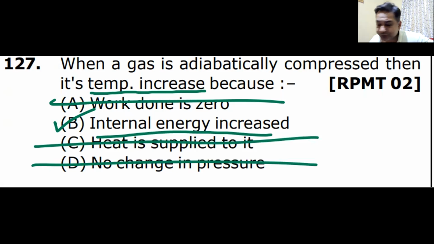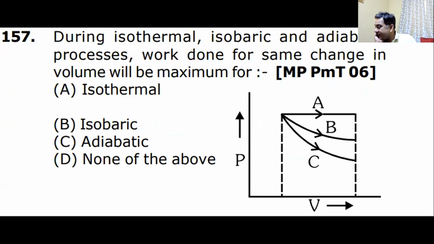This one. Question number 157. I hope you can see it. During isothermal, isobaric, and adiabatic process, work done for the same change in volume. Here they are showing expansion process, and the correct answer is isothermal, isobaric, adiabatic. None of the above.